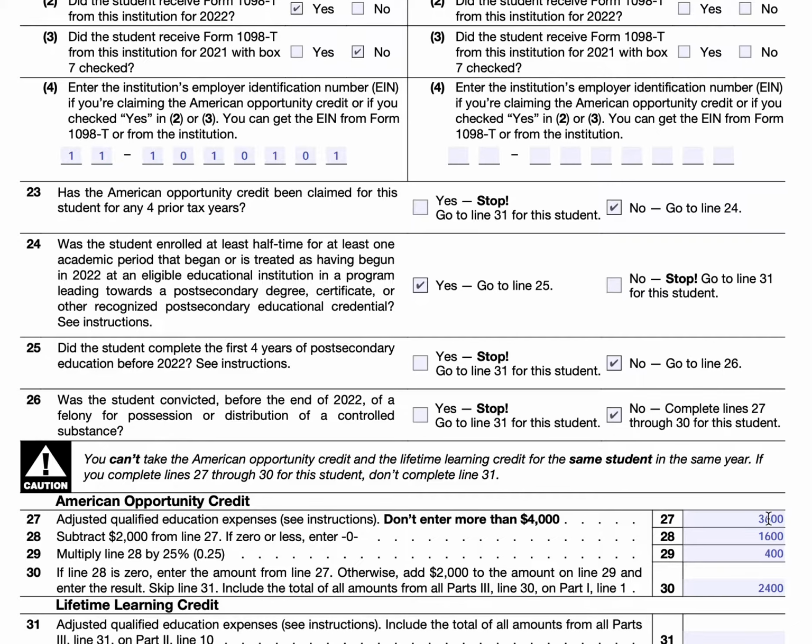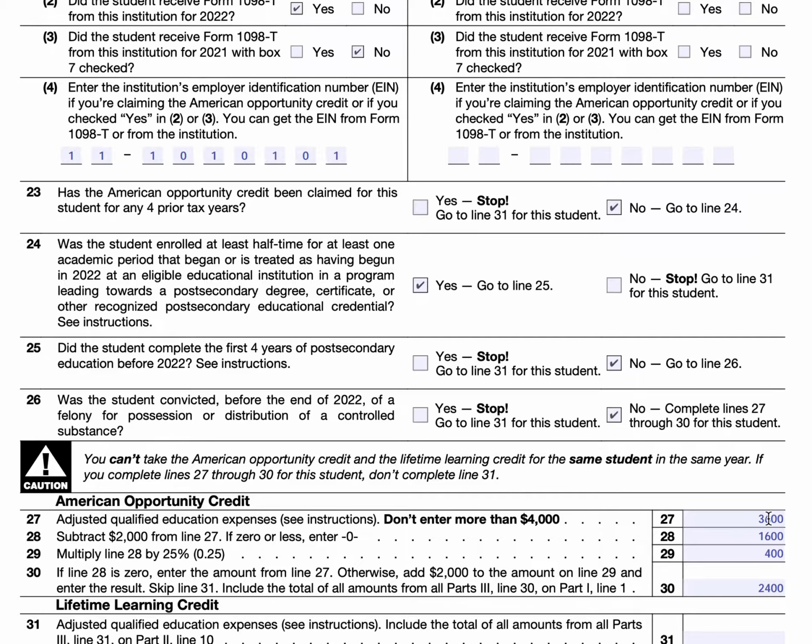So if you're opting into some sort of extracurricular activity that requires a fee, but you don't need to join that to be a part of the college, then that wouldn't be considered an eligible or a qualified education expense. Only the fees that are directly related to your ability to attend the college.